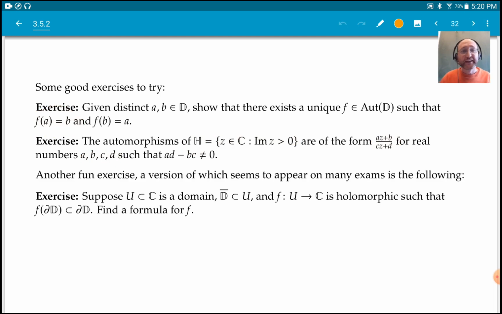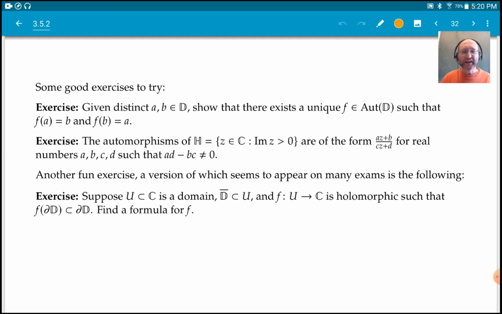All right, now. Another fun exercise, and I want to point this one out because it's a typical thing to ask on an exam, especially a qualifying exam.